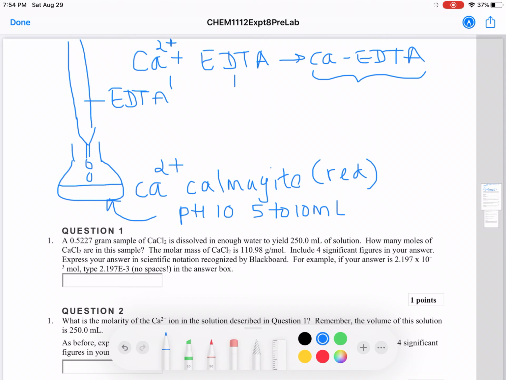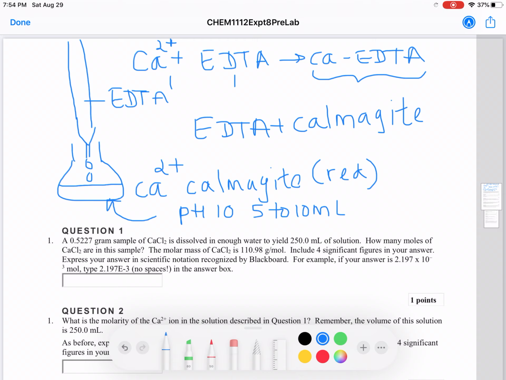Now we have the Calmagite indicator, red in color. As soon as there is excess EDTA, or free EDTA, remaining in the flask, EDTA is going to form a complex with your Calmagite indicator. Now there are no more calcium ions, the moles have all reacted. You keep on adding EDTA, and now you will see the color change.